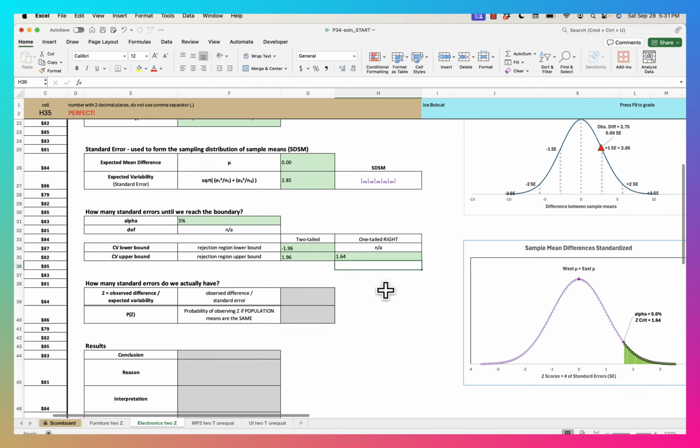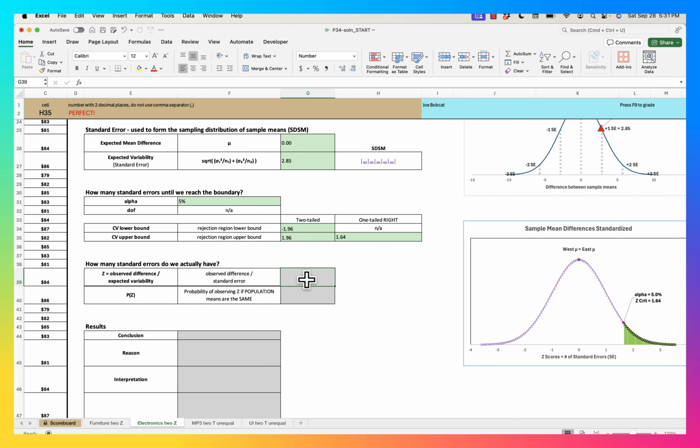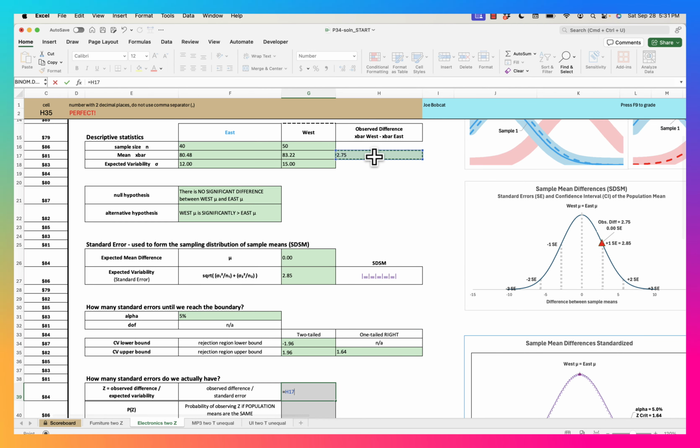Okay, then let's get our z-score, and the z-score is the observed difference, which we know from above is the 2.75, divided by the standard error, which is 2.85. See, really close.